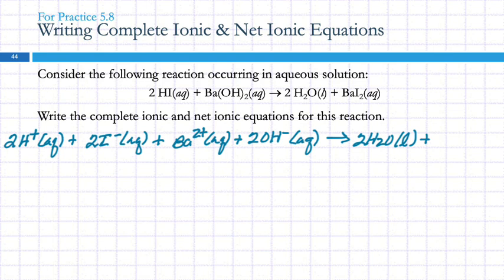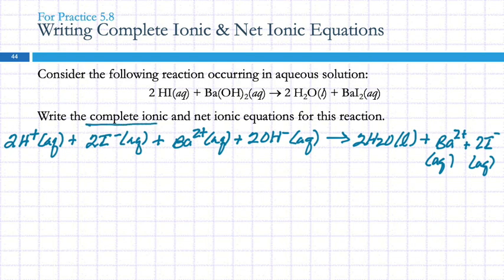And it's aqueous. I'm just going to move that over there because I didn't leave enough room. So, barium ion and 2 iodide ions. Both of these are aqueous. These complete ionic equations take up a lot of space. So that's the complete ionic equation.